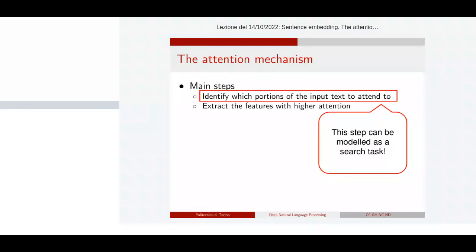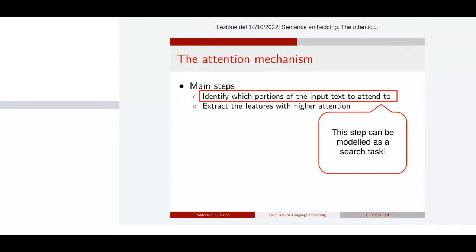Given a piece of text, I want to find which are the pieces, the words that are most relevant to attend. And the input text, which can be also modeled as single words, or even you can generalize, is a query.